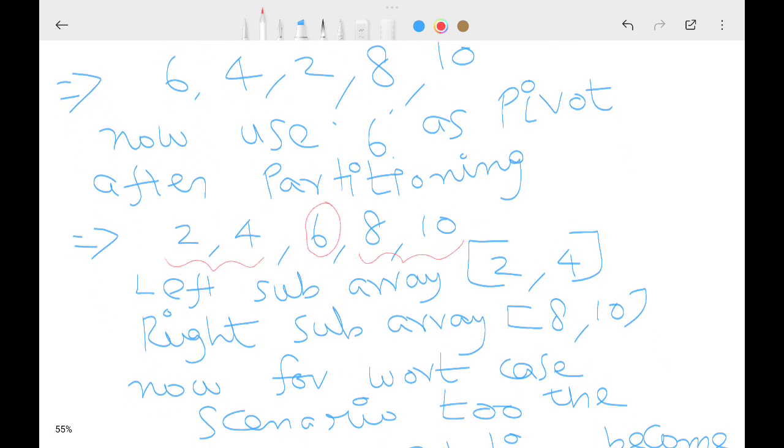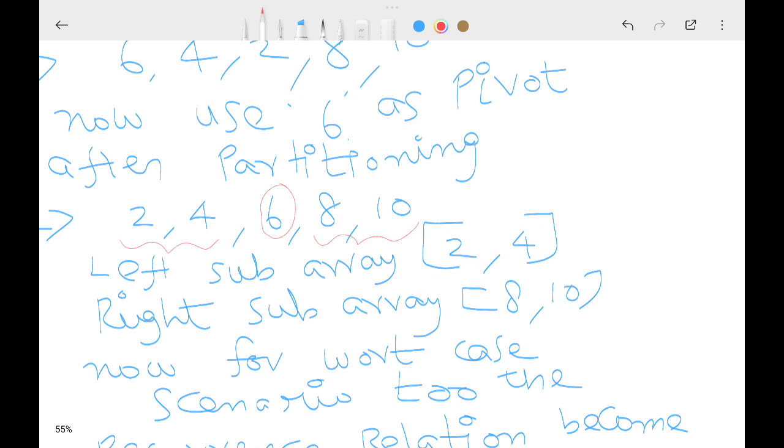So now we need to split that array. The left subarray contains the elements less than the pivot element, and the right subarray contains elements greater than it. So the left subarray contains 2 and 4, which are less than 6, and the right subarray contains 8 and 10.